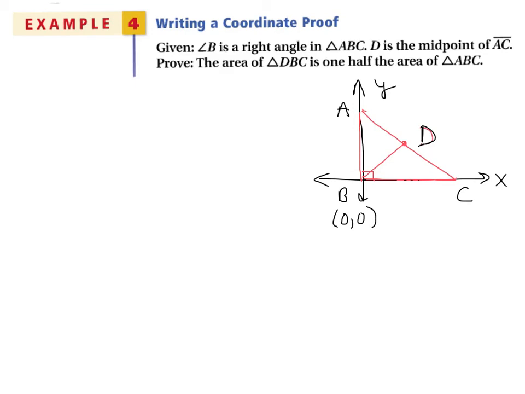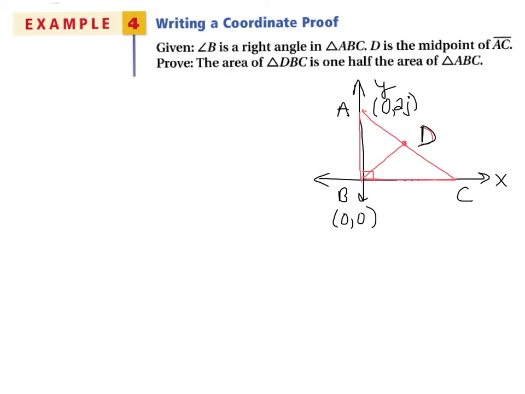Here's what you need to know. I can let A be anything I want. Obviously the x-coordinate is 0 because it's on the y-axis. But it's completely up to you what letters you want to use. Since I'm going to have to find the midpoint, I want to use even numbers. So I'm going to use 0, 2J. Now you're like, why 2J?